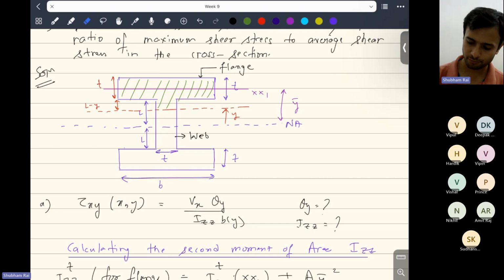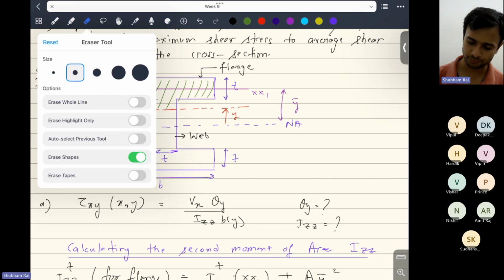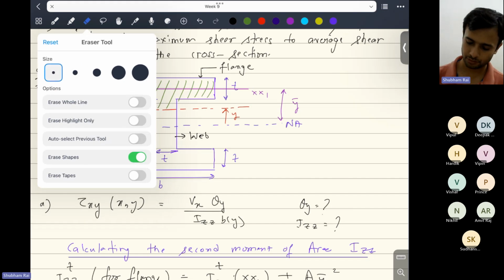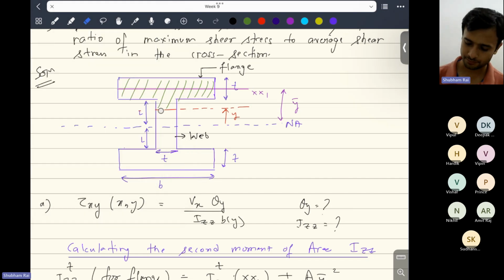When we are considering the flange, we cannot take this axis, we'll have to take some y axis in the flange. We can draw firstly a y axis in the flange.